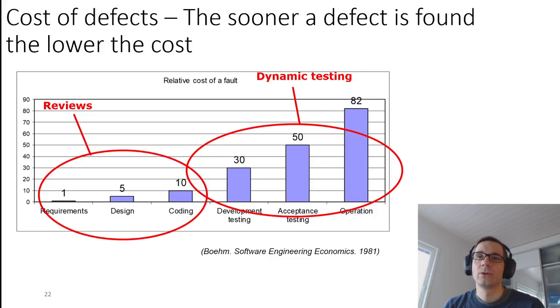If we consider the cost of defects, it is easy to understand that the sooner a defect is found, the lower the cost. There are several sides to this. One is that when a developer or other person in a software engineering organization makes a defect, it takes time later to fix this defect. But the defects that are quickly found are faster to fix.